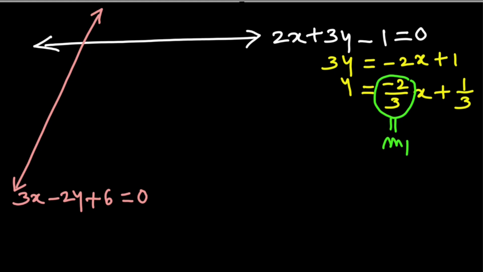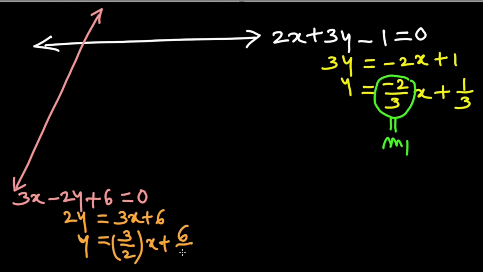Now let us find the slope of 3x minus 2y plus 6 equals 0. So we write 2y equals 3x plus 6. y equals 3 by 2 x plus 6 by 2. Here the slope of this line is 3 by 2, which we name m2.